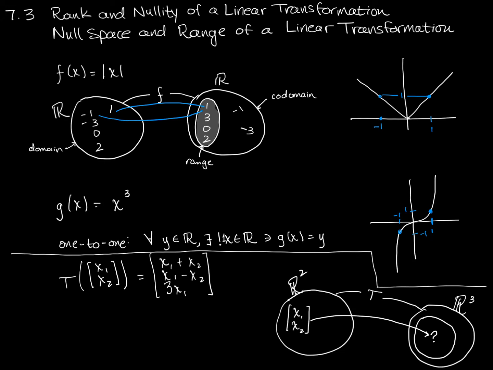The really good news here is that we know, for example, let me erase a couple of things here. I'm going to erase that, and I'm going to put in a y1, y2, y3, just so we have something in that space. I'm not going to go into the details here about why this is the case, but I know that the 0 vector is in the domain, and I can map to the 0 vector in the range.